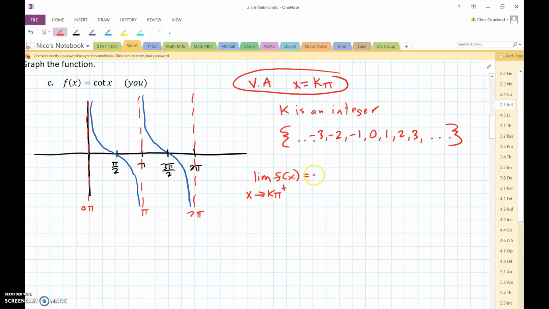That's going to equal positive infinity. And when you have the limit of f of x as x approaches k pi from the left, that's going to be negative infinity. This one-sided limit describes vertical asymptotes at x equals k pi.